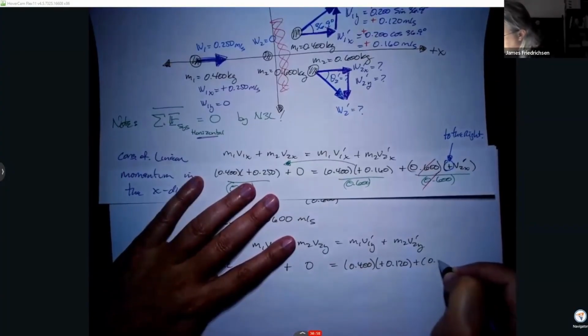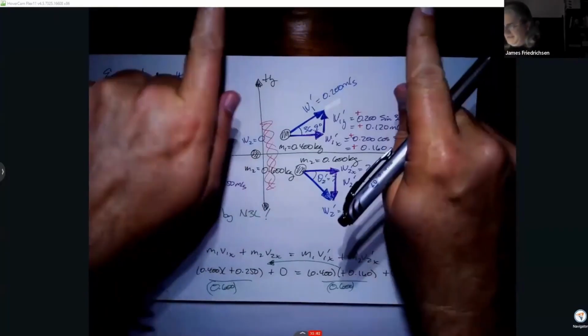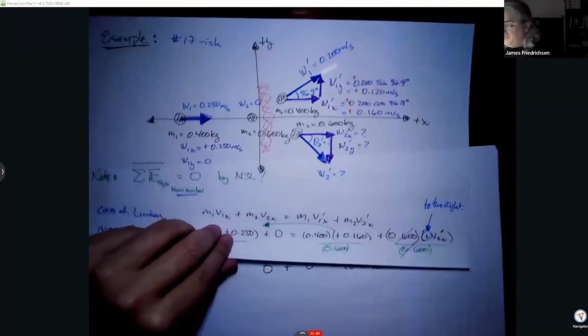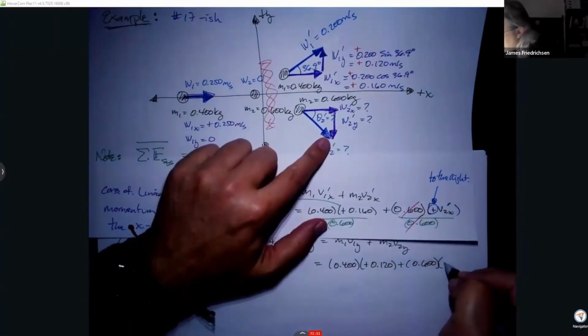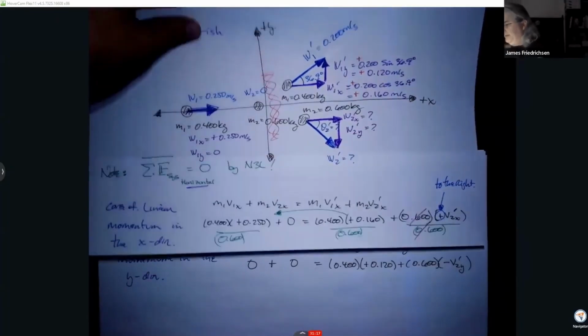And then mass 2 is 0.600. And then to balance the fact that one went up, this one must go down to conserve momentum. And so this will be a minus v2' y. Okay, so that's this component there.